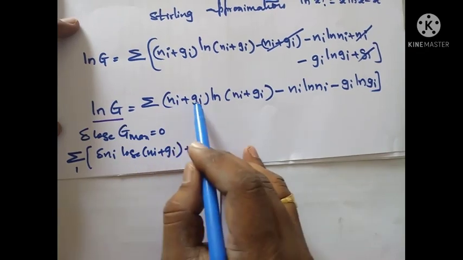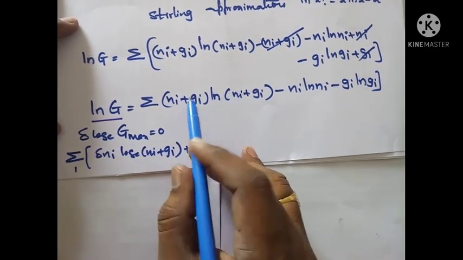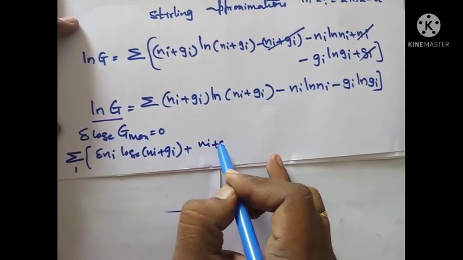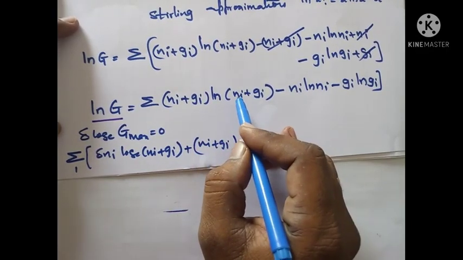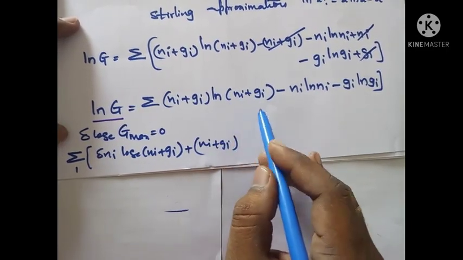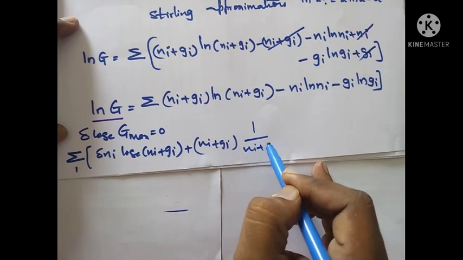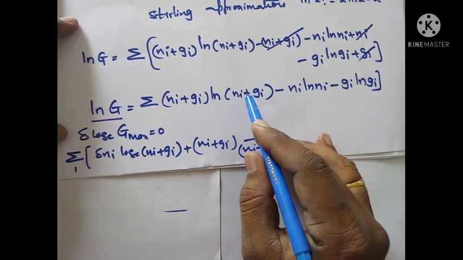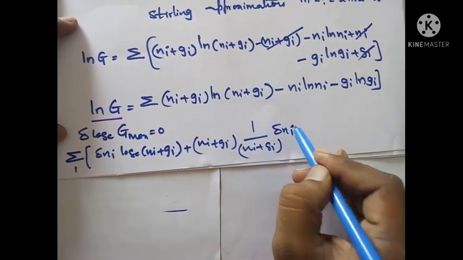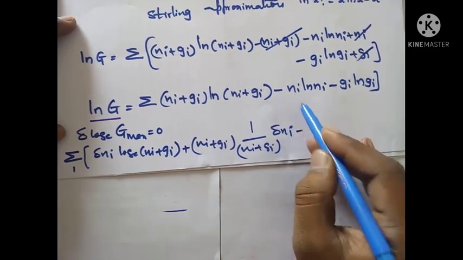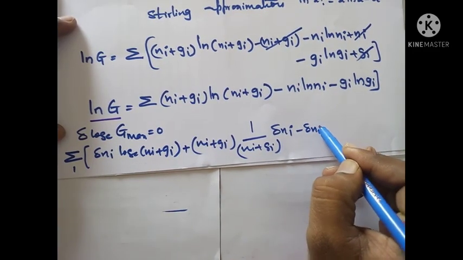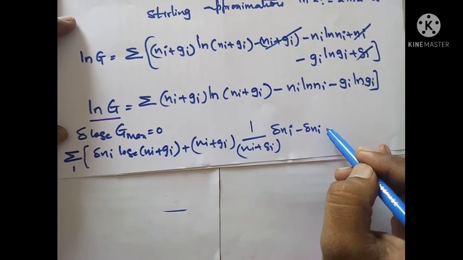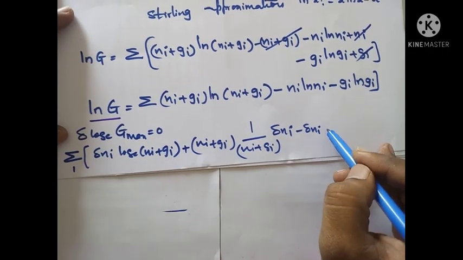So where ∂ni and this remains same, and plus this remains same. Now ni plus gi remains same, and the differentiation of the log value will be 1 by ni plus gi, and the differentiation of this function can be ∂ni. Okay, so minus this can be ∂ni, and here it is ∂ni ln ni, which remains same.